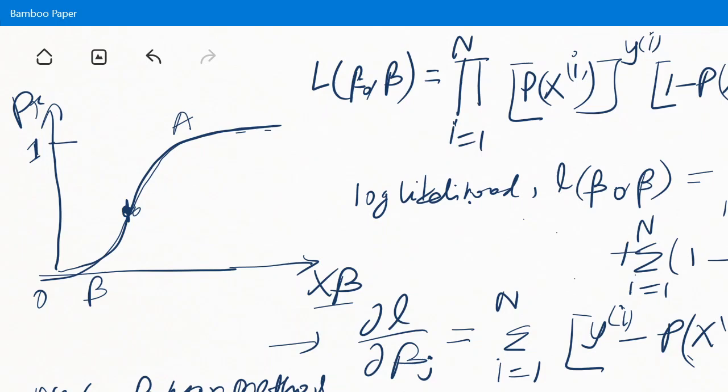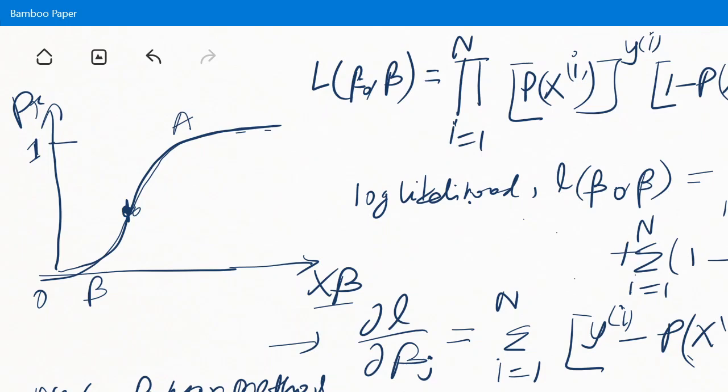If we apply this, we will get beta new as beta old minus x transpose w x inverse, then x transpose y minus p x.